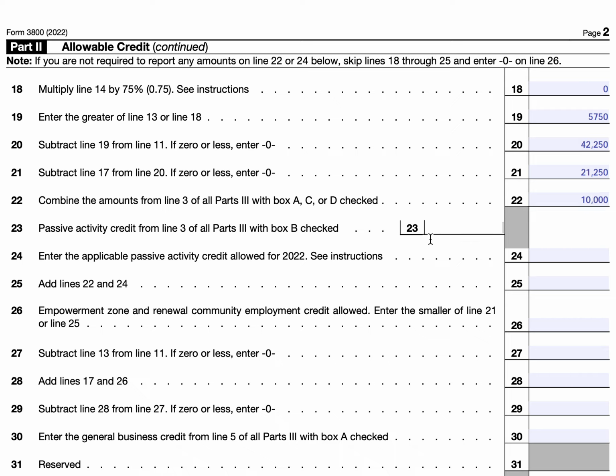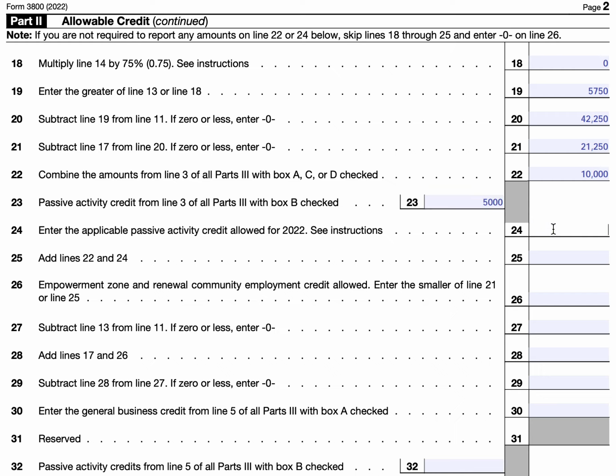We would also set aside any passive activity credit from line 3 with all parts 3 with box B checked, because that's a passive activity credit. So we'll put that over here on the side with line 23. For line 24, you're going to determine the applicable passive activity credit allowed for the tax year.